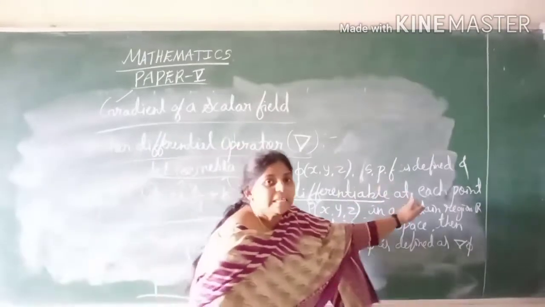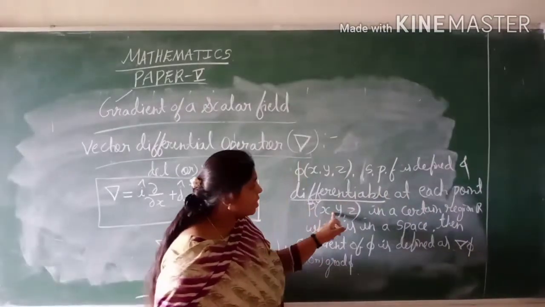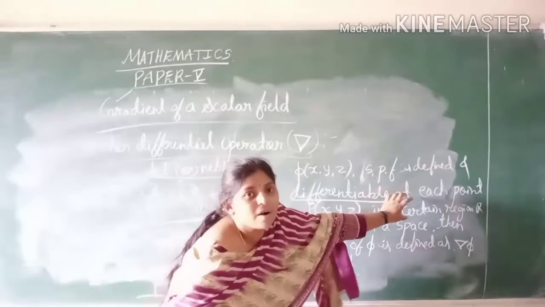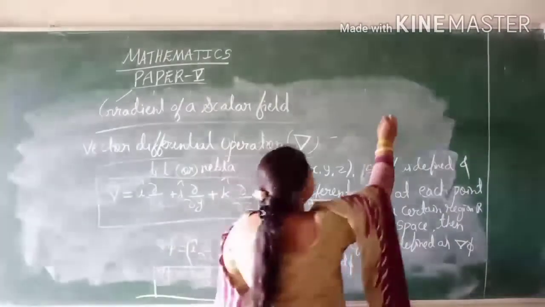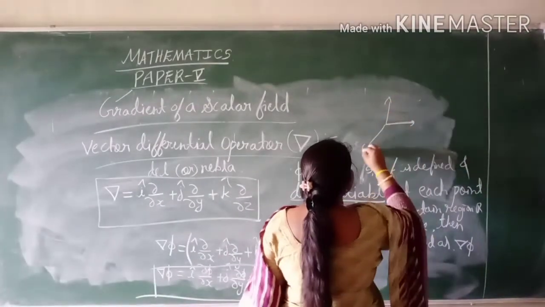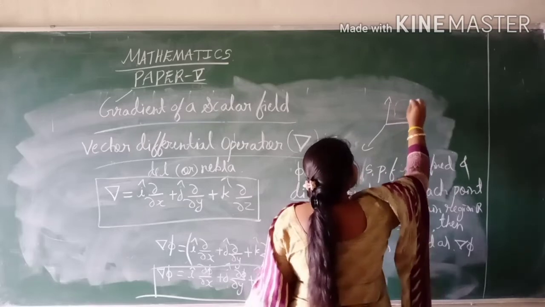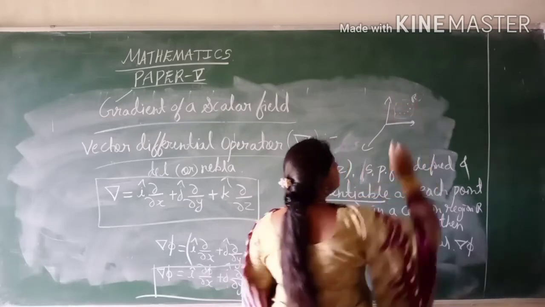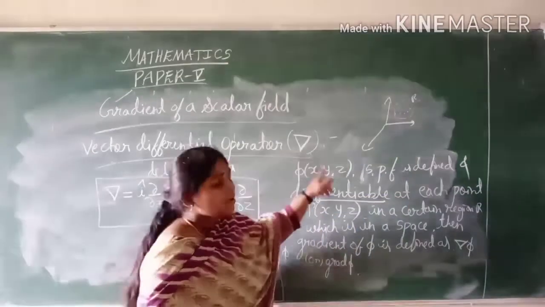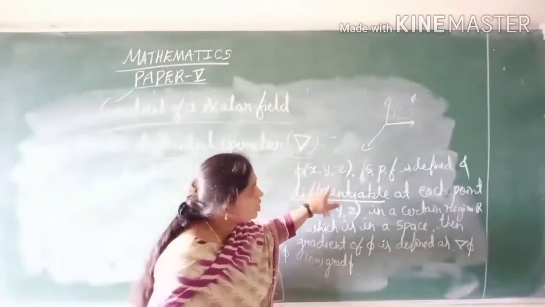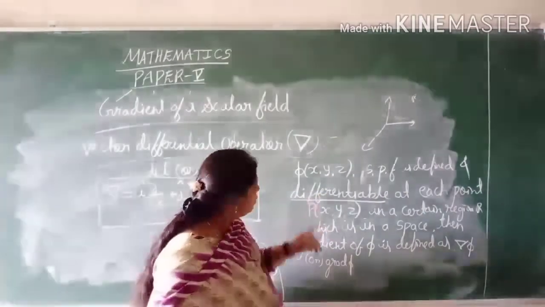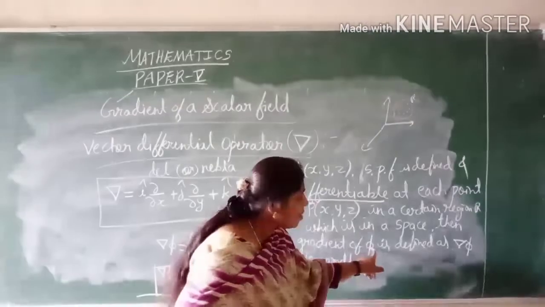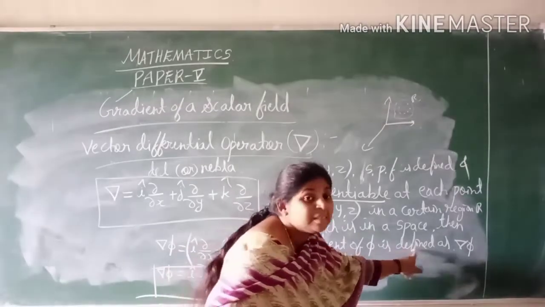Then at each point P of x comma y comma z in some certain region, I already told you it is in the space, not the full space, just some certain region, phi is differentiable and defined. Then the gradient of phi is defined as del phi.